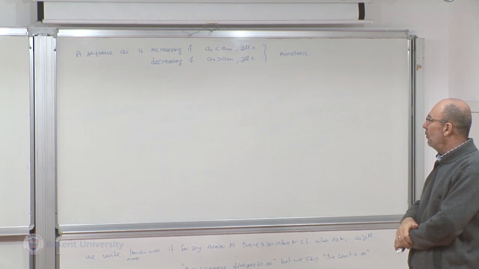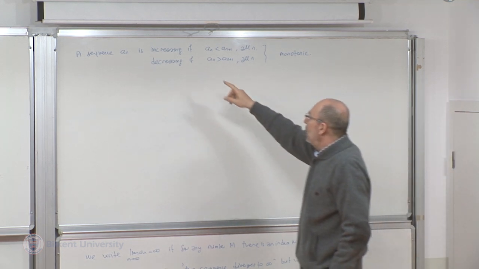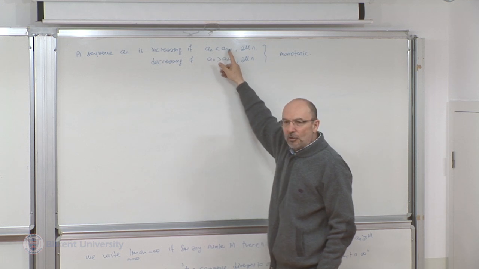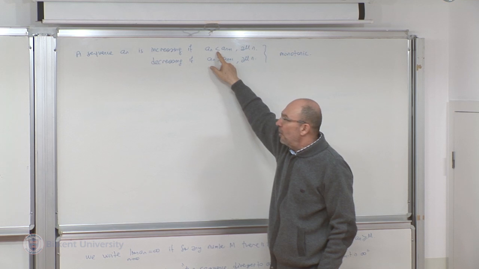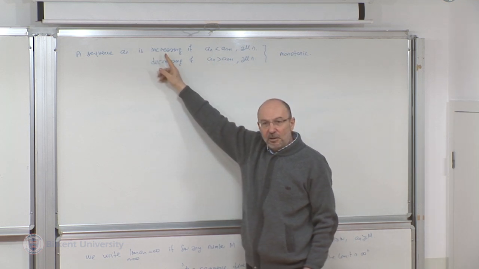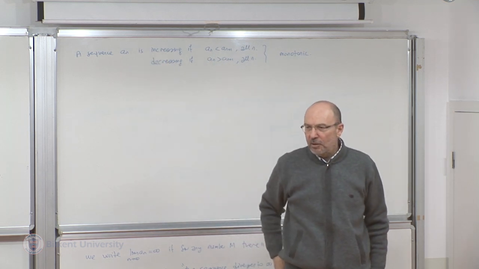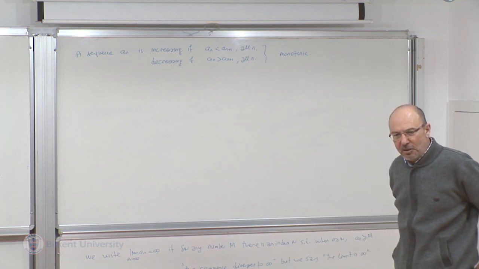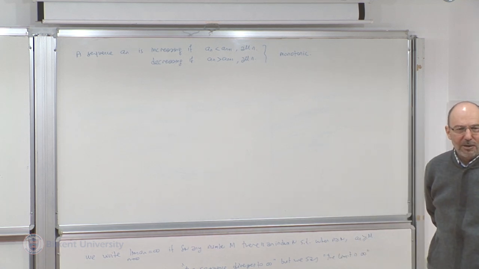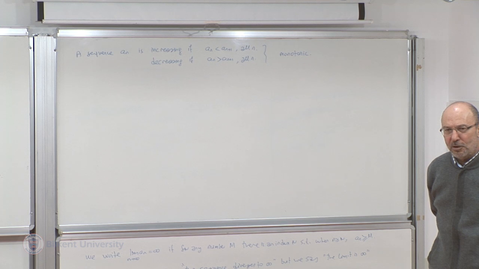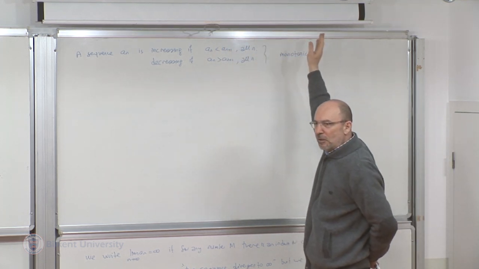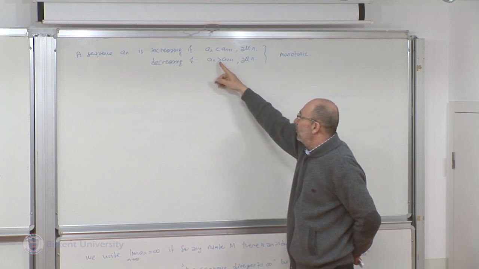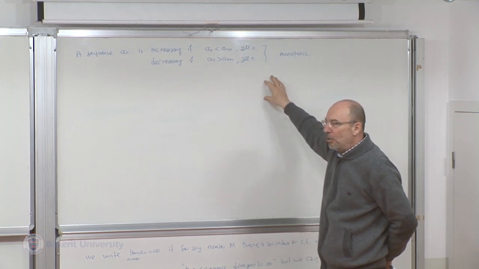In some books, they define a sequence as increasing if an is less than or equal to an plus 1, and to imply strict inequality here, they say strictly increasing. Sometimes instead of increasing, they say non-decreasing to confuse you more. So just beware of those terminologies. But the idea is this: the sequence eventually becomes larger and larger, or eventually smaller and smaller.